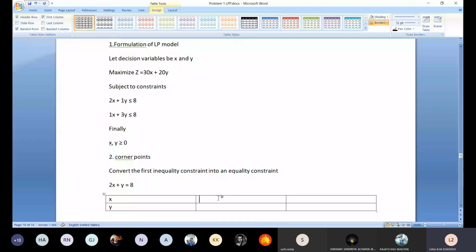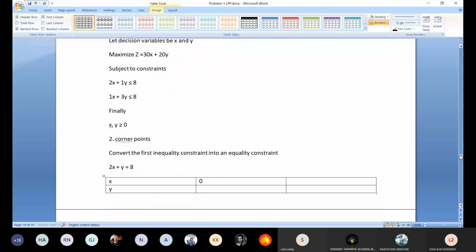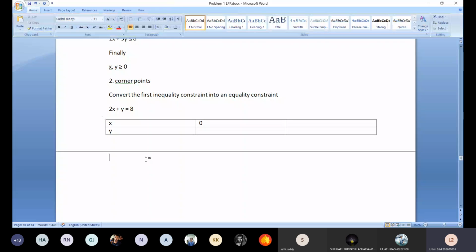So I keep my x as 0. We set x equals to 0 and find out y. Those who have missed the class, please do concentrate. I take the same equality constraint.